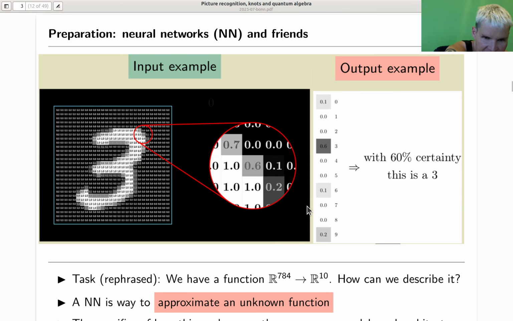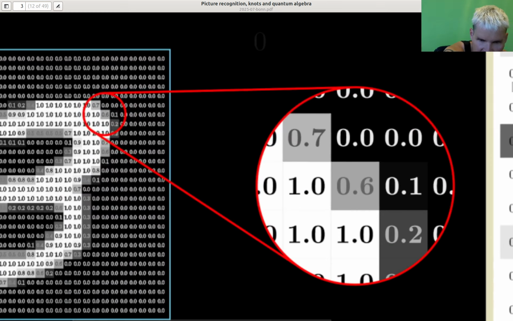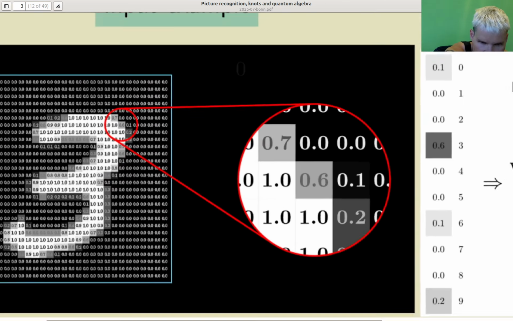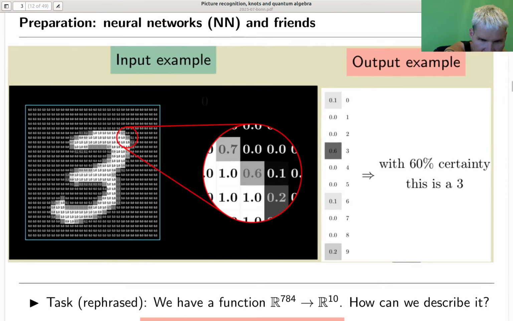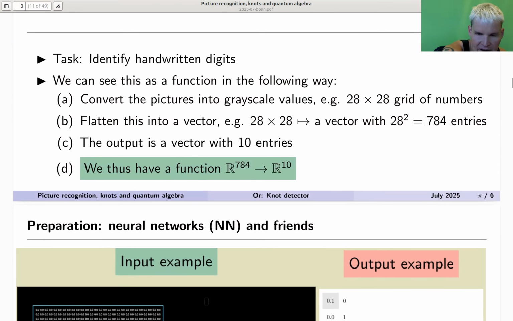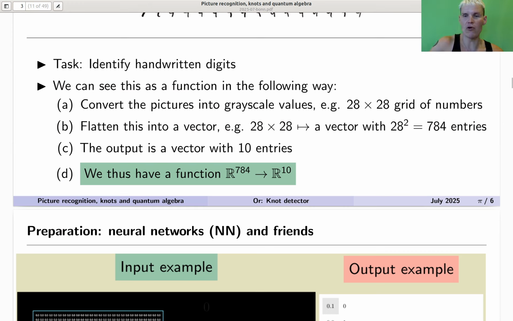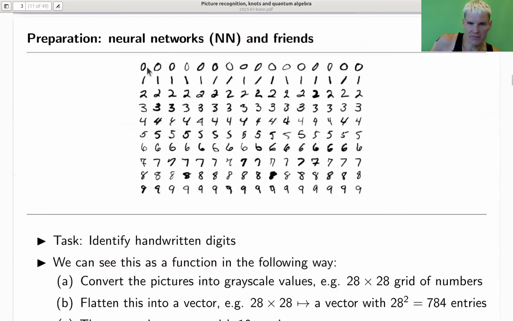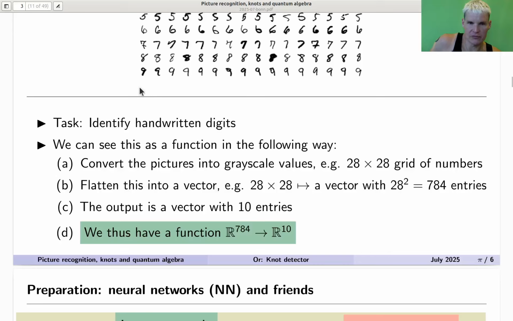It's maybe easier to see here. So just numbers, grayscale, some bunch of numbers, and you really just flatten them into a vector. 28 times 28, you just put them row by row into a vector of whatever size, 784. So an image is nothing else than a vector. And the output is, in this case, 10, just the type of number you have from 0 to 9.